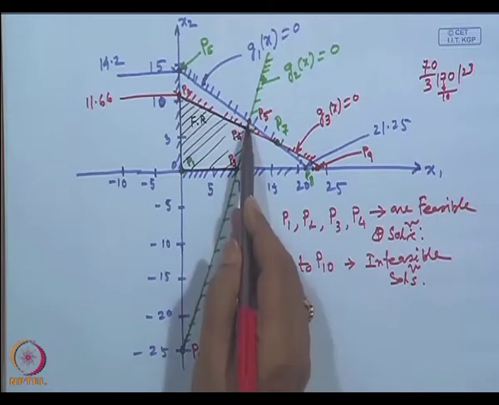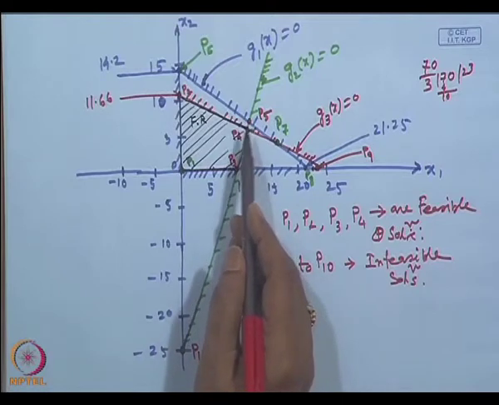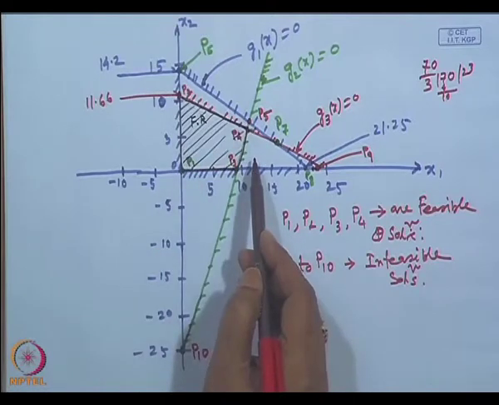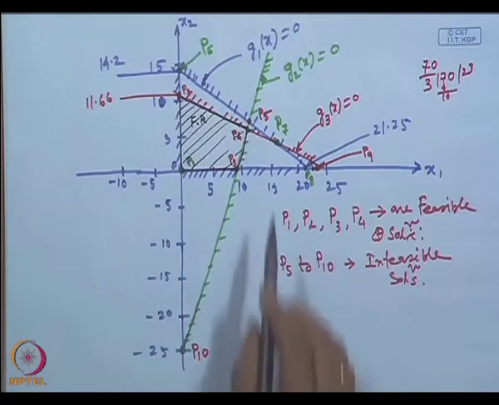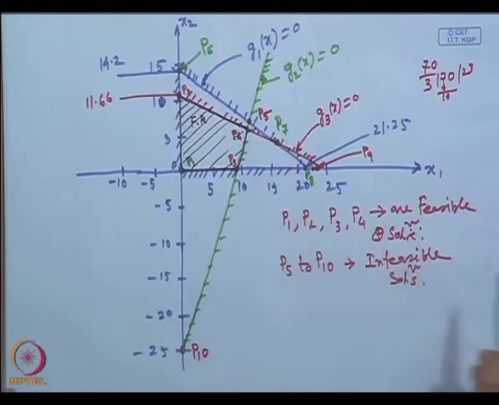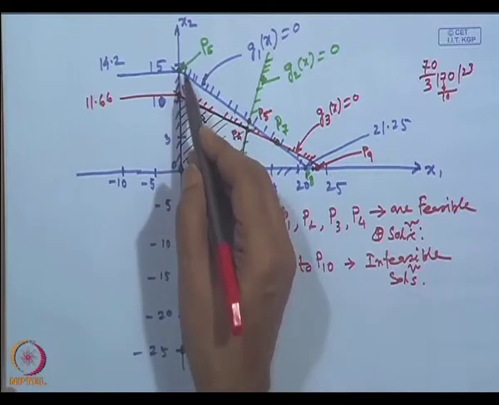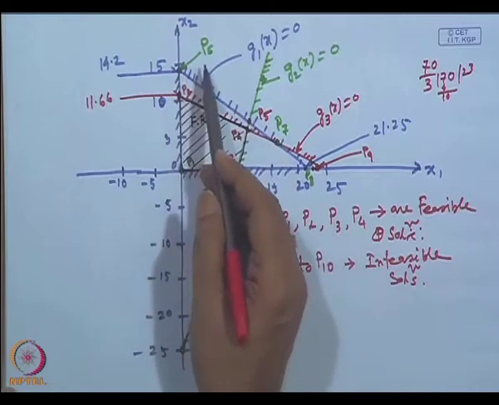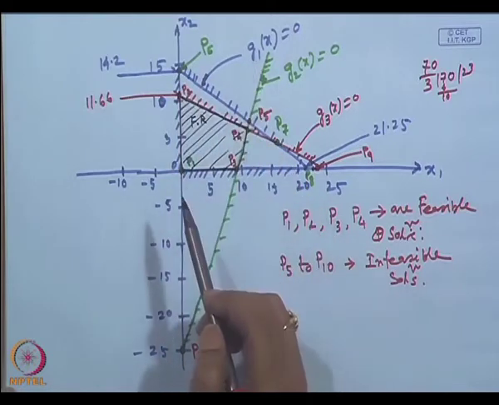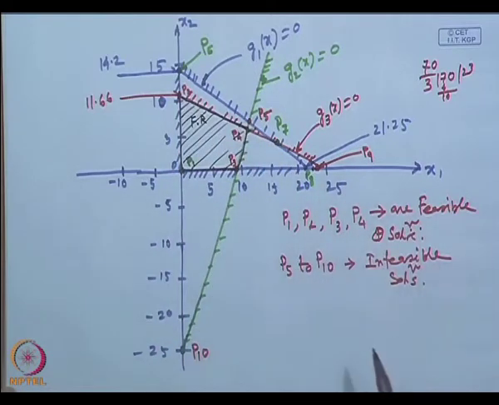It satisfies only G 1, and x 1 is greater than 0, x 2 is also greater than 0. Similarly, you can see other points also. Let us call P 6. P 6 also satisfies only the G 1 condition, but it does not satisfy the other conditions.